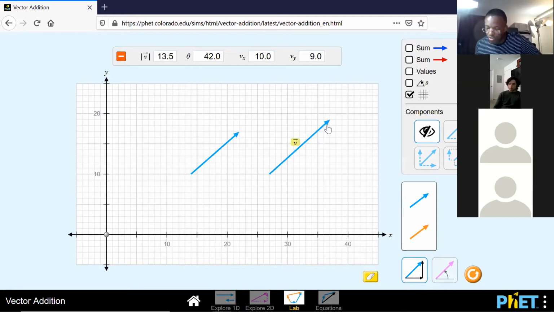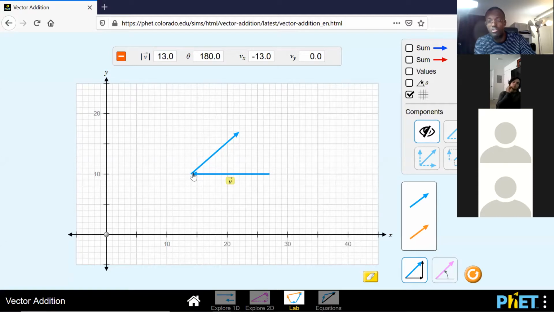Direction between 100 degrees and 220. So you rotate it. 100 and 220, like here, maybe. You see, it won't give you above 180.